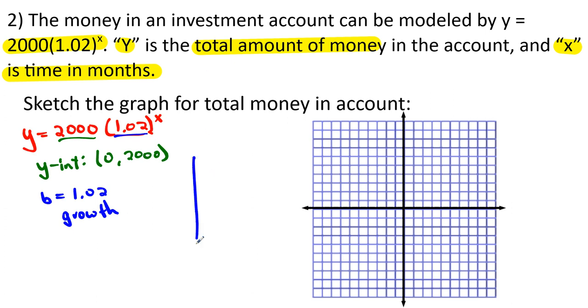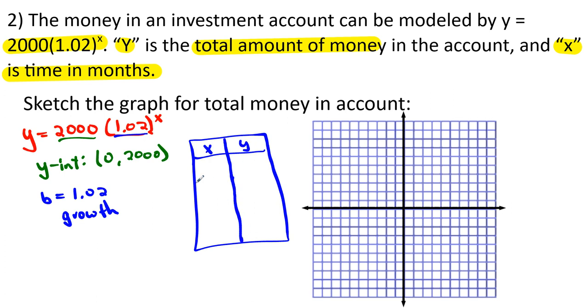We need a table now. And this time, let's be a little bit smarter than last time. Since we know that months can't be negative, because time can never be negative. So we're going to start off at 0 months and get 1 month and 2 months out of the way. So let's go ahead and plug again these x values. We already know the y-intercept. It's 0, 2000.